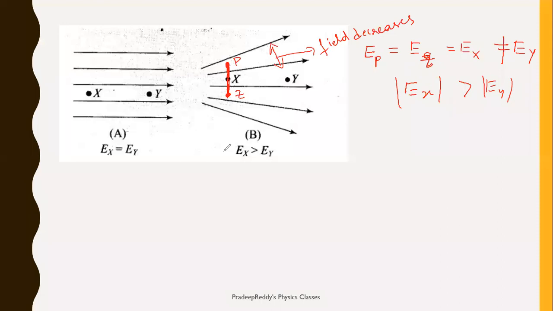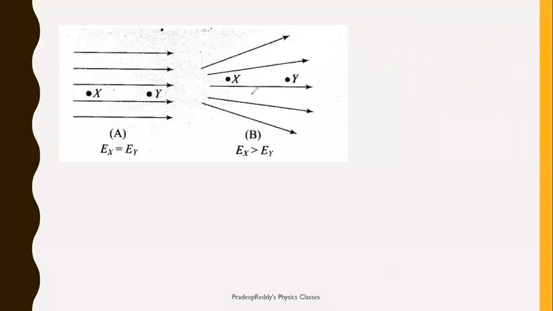And this is one more thing. The second thing I want to tell you is, here you have some charge, say QA. Here you have charge QB. You can clearly tell which is the positive charge and which is the negative charge, right? So QA is positive, QB is negative, because field lines are starting from A and they are ending at B, right?